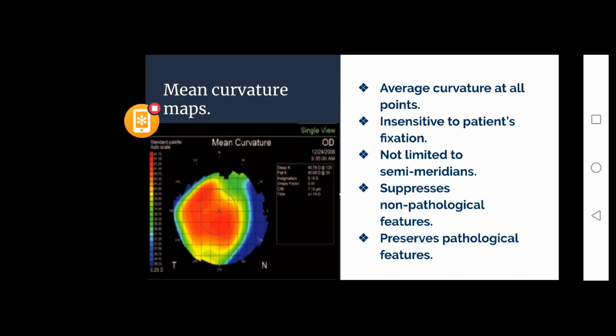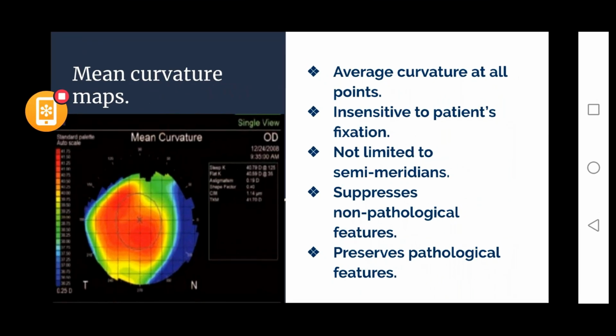Now what happens is the fixation would be wrong. So the vertex of the cornea which is found out could be a wrong area, but on the other hand, the vertex is nothing but your fixation, right? It is found out by the first Purkinje image. Now this also depends upon the person who is looking at the topography report.